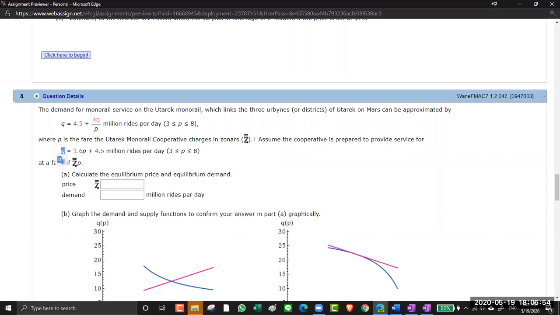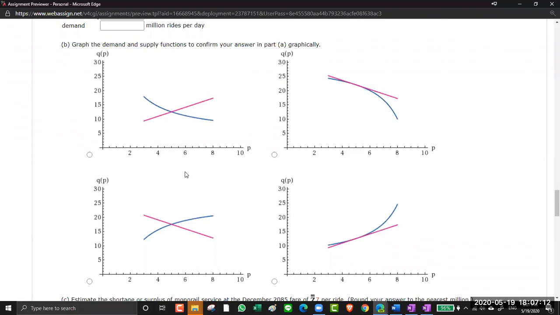Oh wait, sorry, you did what? You took the demand minus this one and you got positive or negative? I got negative. Okay, so if you did this one minus that one, you get positive. So supply is higher. Okay.